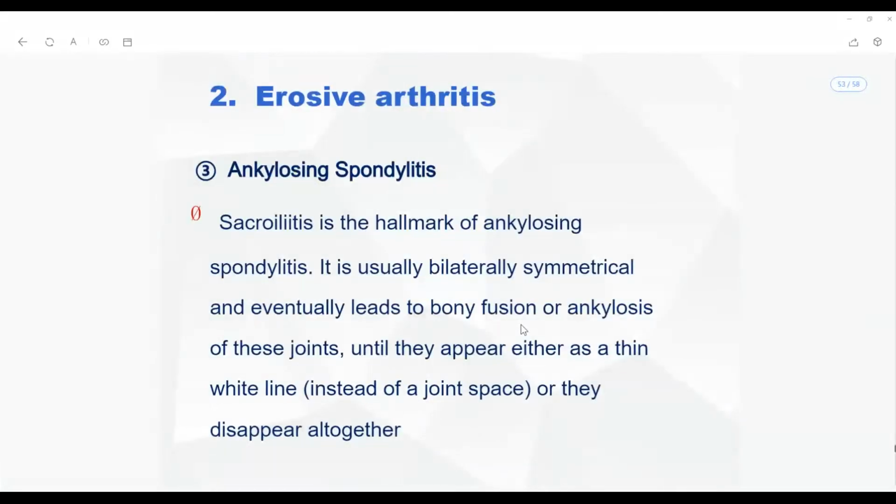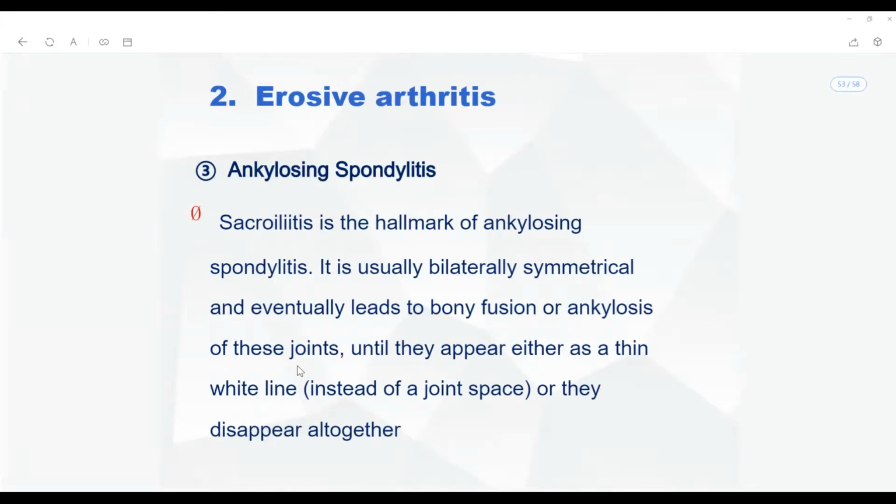The hallmark of ankylosing spondylitis is sacroiliitis, since it is going to start with inflammation of the sacrum and the iliac joints. So sacroiliitis is the hallmark feature. It is bilaterally symmetrical and leads to bony fusion, or ankylosis, of these joints.